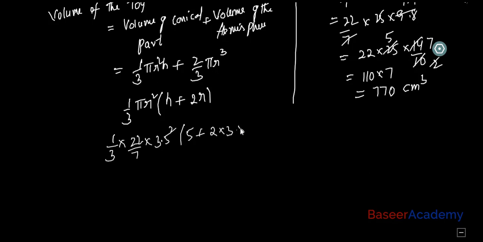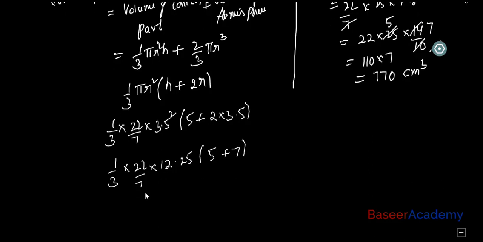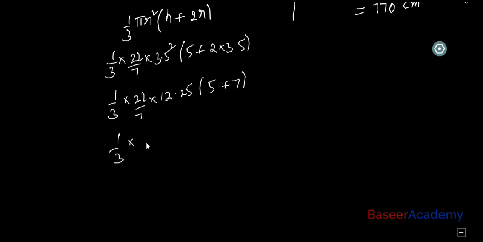So 1 by 3 into 22 by 7 into 3.5 square would be 12.25. 3.5 into 2 is 7, right? 1 by 3 into 22 by 7 into 12.25 into 5 plus 7.